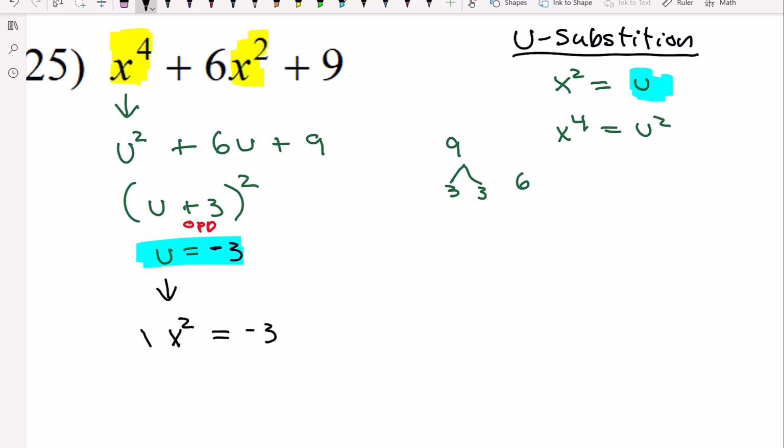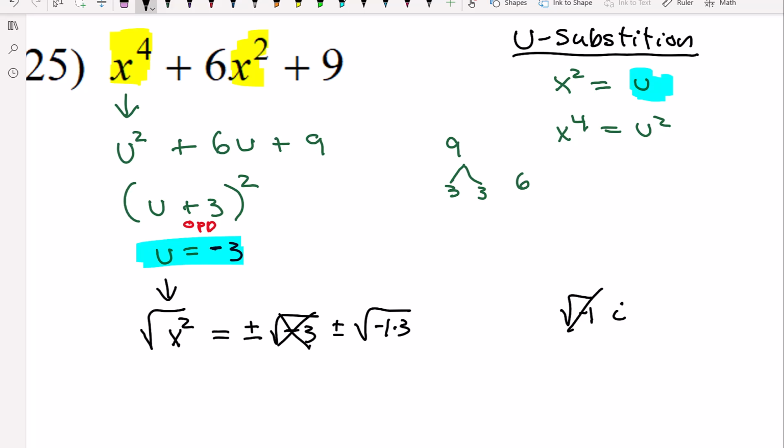Yikes. So to get the x squared by itself, let me move this over a little bit. We have to take, because this is a quadratic, both the positive and negative. Because there's a negative sign underneath, I'm going to rewrite that as negative 1 times 3. And then remember what the square root of negative 1 is?